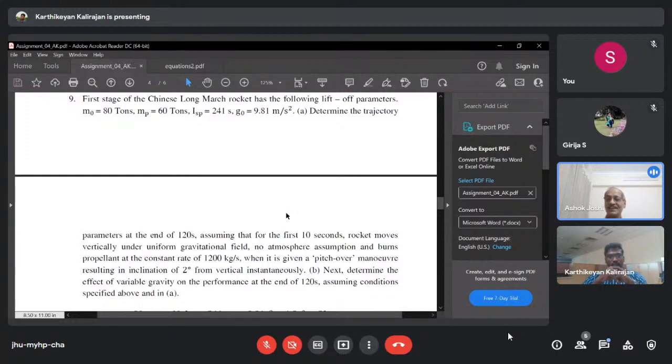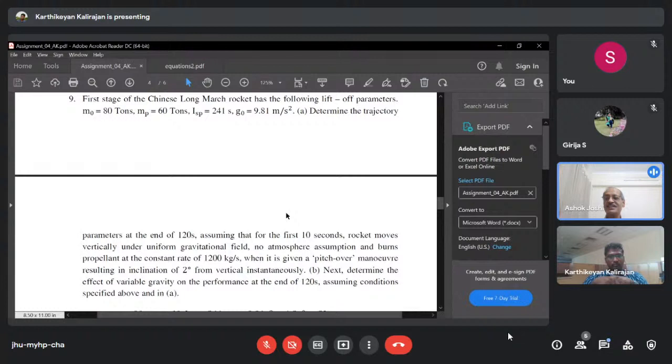So that initial 10 seconds is where you have given the vertical motion so that it acquires a velocity, and once it reaches that particular velocity, you give an impulse which is only in angle. So it's an angular impulse. That is the pitch over maneuver or a pitch kick.